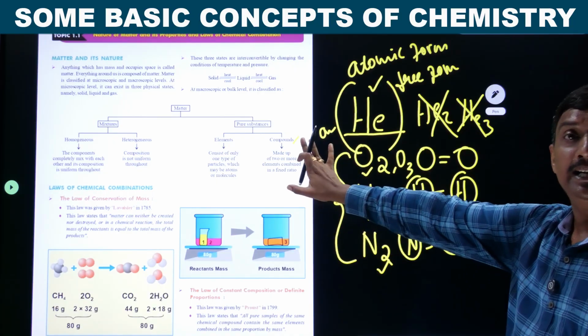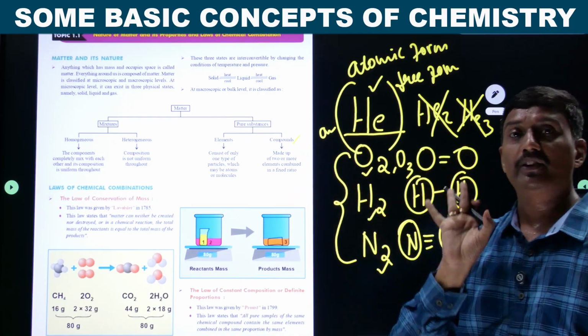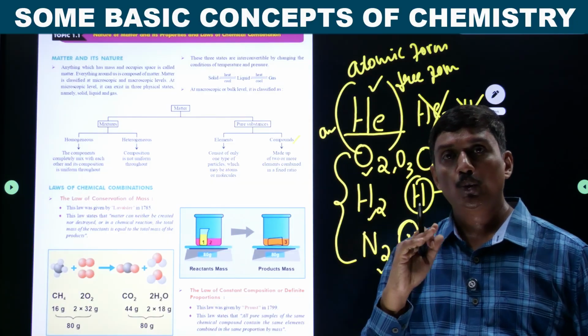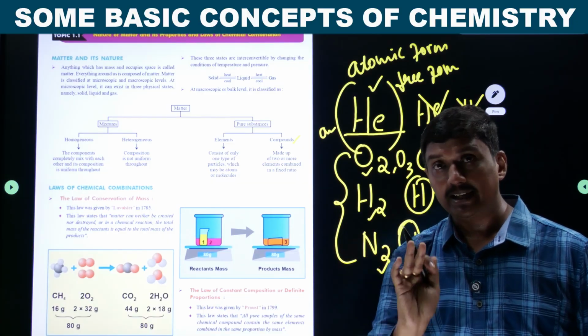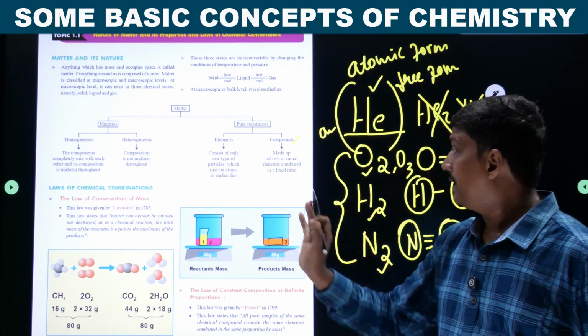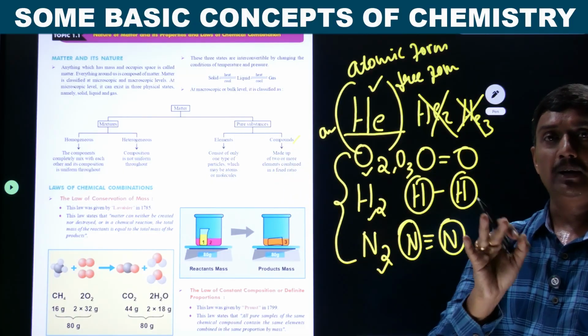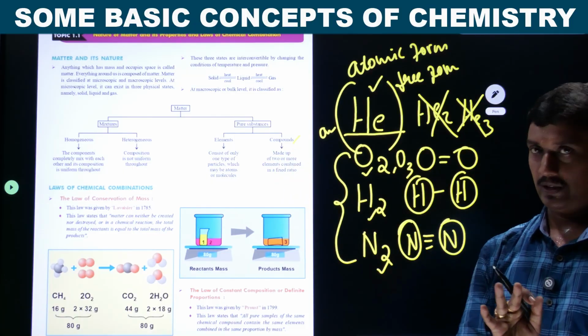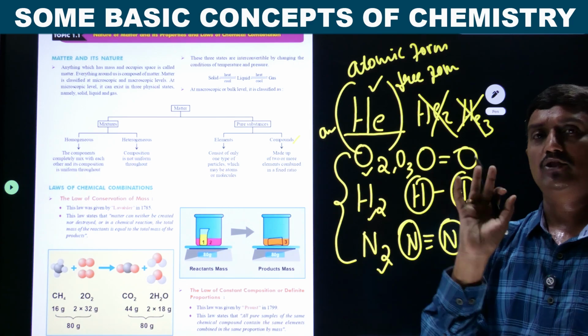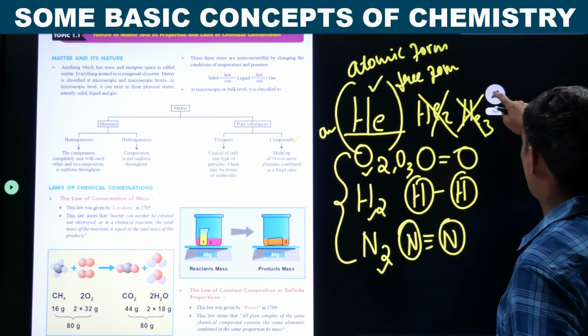Two or more different elements combined in a definite ratio by mass. Usually we can say fixed ratio in simple words, but definite ratio by mass is the appropriate one.